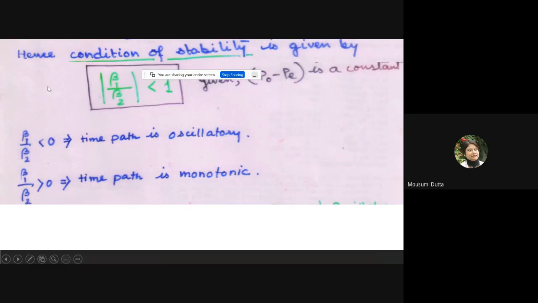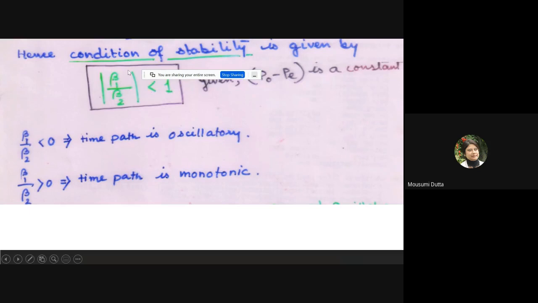So now we will combine the conditions: beta 1 by beta 2 less than 0 and mod beta 1 by beta 2 less than 1. If this is the case, you will get damped oscillation. If we find mod beta 1 by beta 2 greater than 1, however beta 1 by beta 2 is negative, in that case, we will get explosive oscillations.